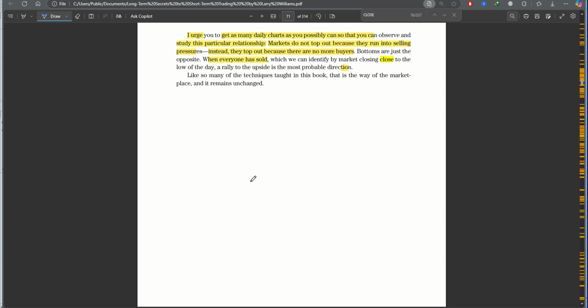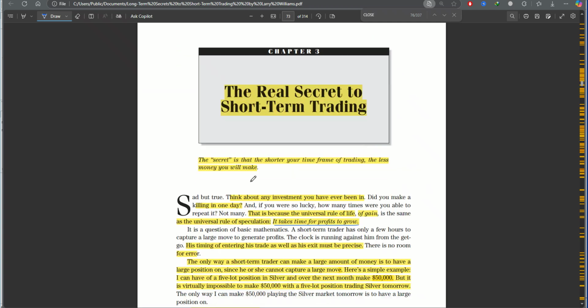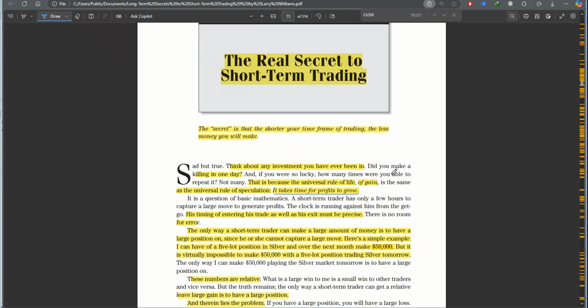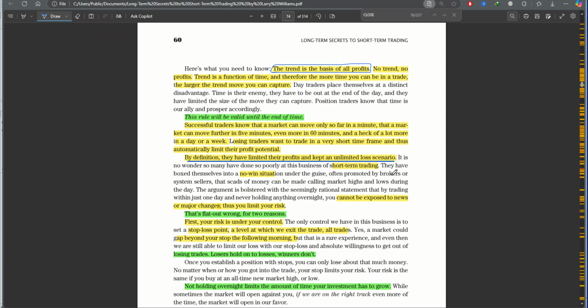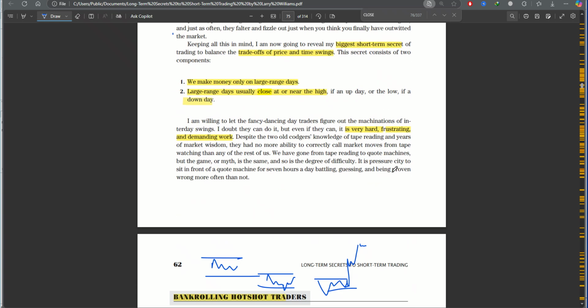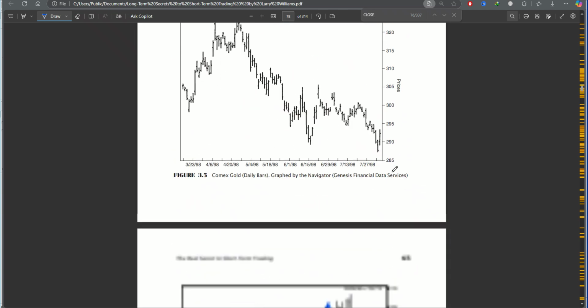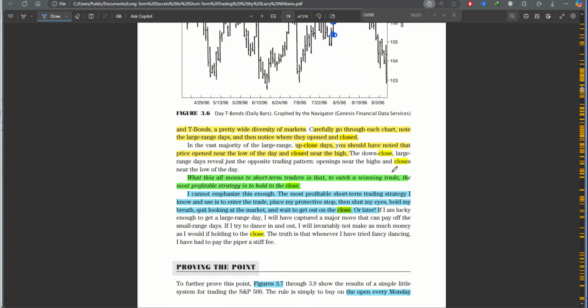That's how you are able to make more, because the secret is that the shorter your time frame of trade, you must hold till the close. I think I'm near, but anyway, holding till the close, that's where you're going to actually make more. Here it is.